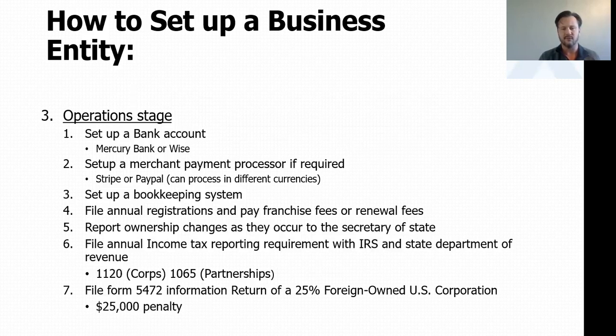It's just a sub form of that that's attached to the tax return. And if you don't file this, the IRS takes it very seriously. It's a $25,000 penalty. So definitely keep cognizant of that, because they're very strict with that for some reason.